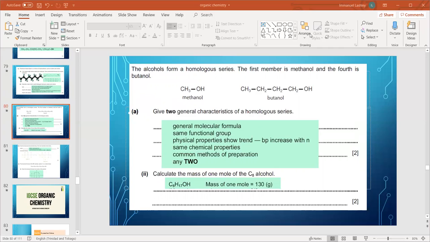They have similar chemical properties and they use similar methods, or the same method, to prepare them. All right, so the next question asks us to calculate the mass of 1 mole of C8 alcohol.